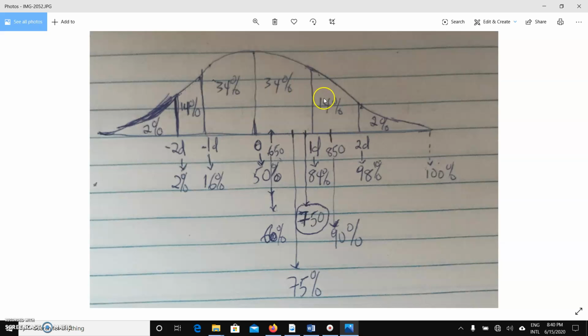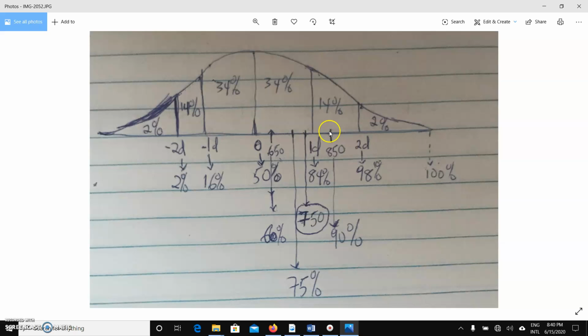You add these values. For example, how do you get 84? 34 plus 50 is 84. Then to get our 98, 14 plus 84 gives us 98. Right? So you need the 90 in between this place and this place. We need to add just 6% to this 84 to give us 90.